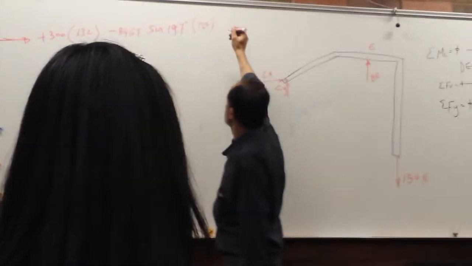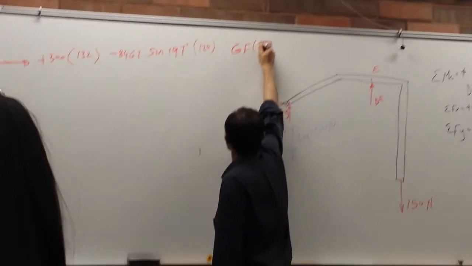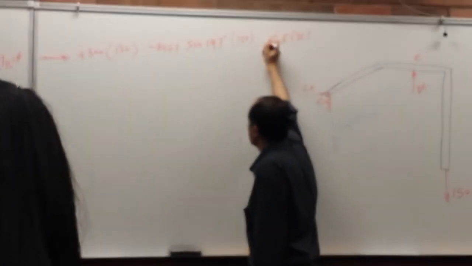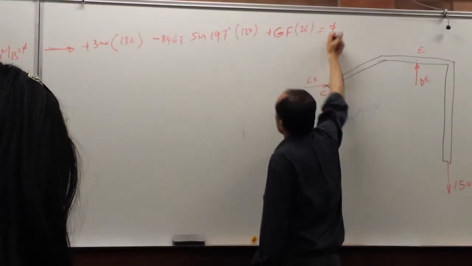And the GF, the gripping force, times 36. Positive, negative? Positive. Equals 0.